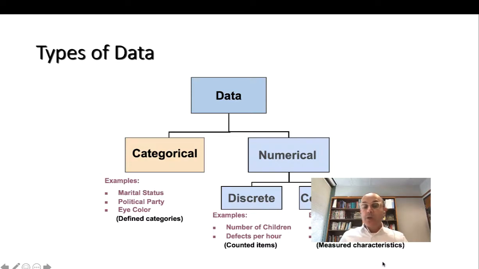Why? Because usually the data is classified into two parts: categorical data and numerical data. Categorical data is such as political party. Today I am Democrat, tomorrow I might be Republican.